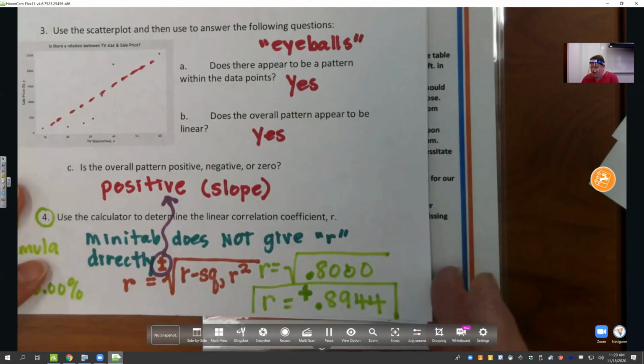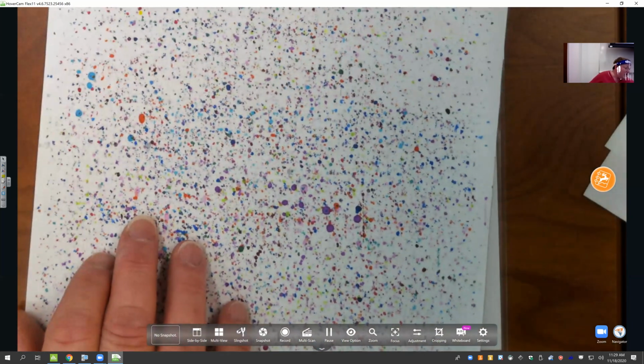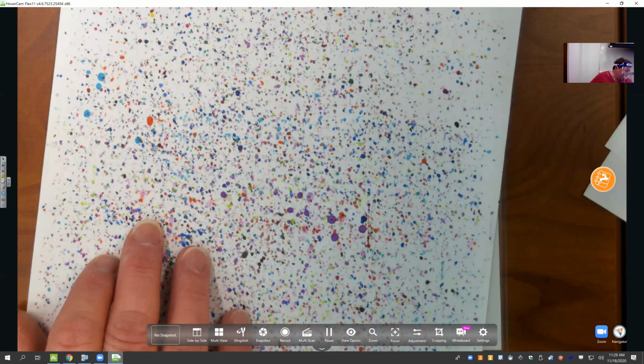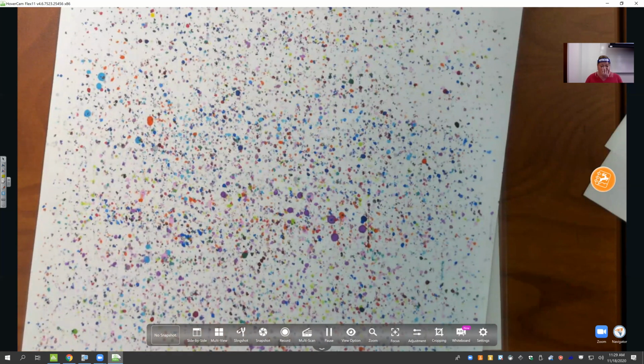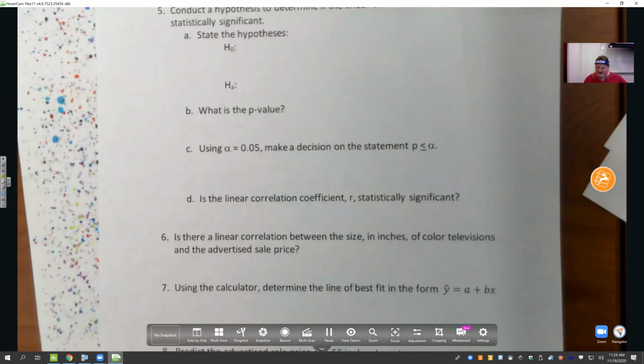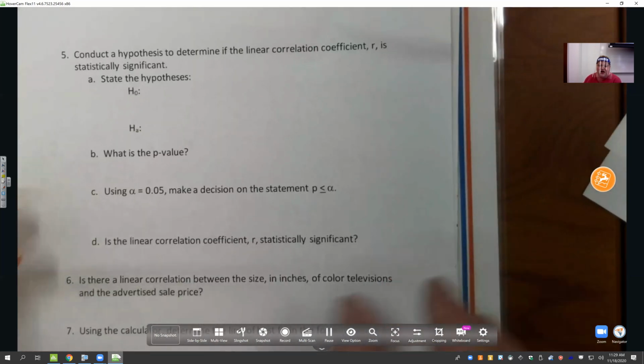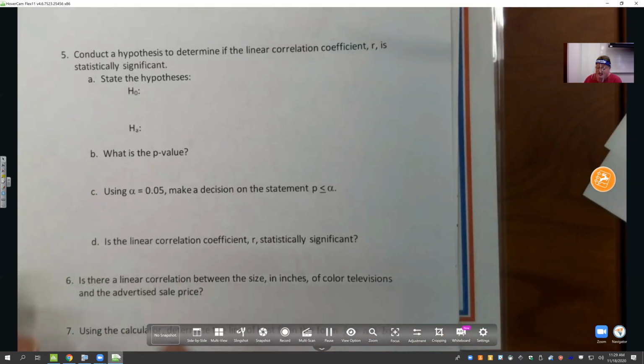But remember, we don't get to rely just on our gut. We have to verify it or confirm it or prove it statistically. So then we perform a modified hypothesis test to determine if R is statistically significant.